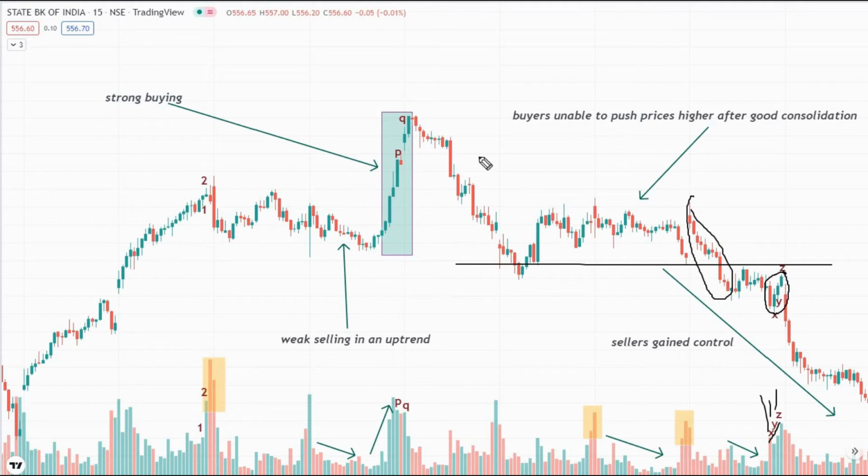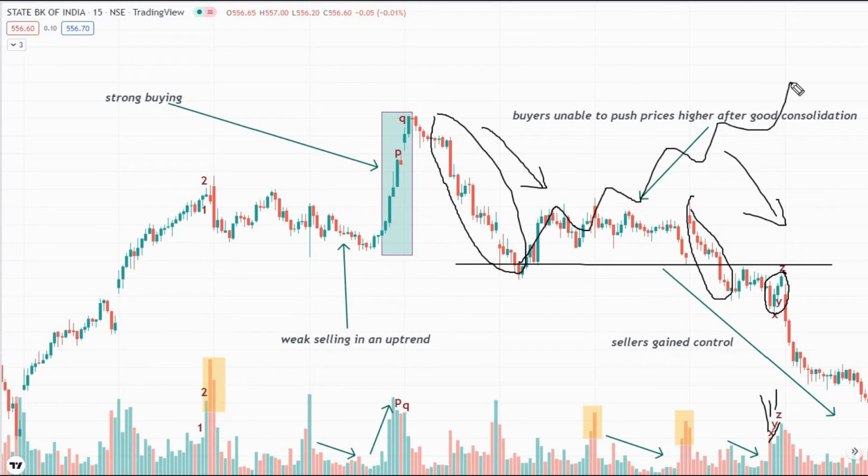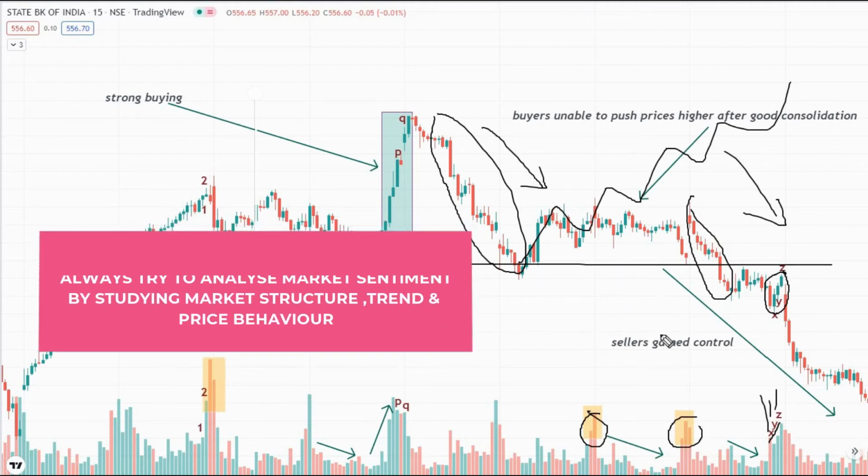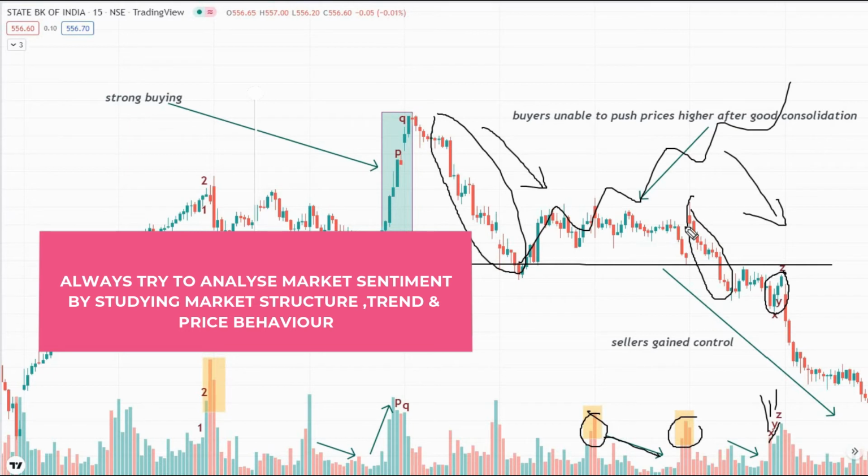Remember, we now are in a very strong downtrend. Why? Because after the strong selling pressure, buyers couldn't continue the upward momentum, and we see that sellers have gained control over the prices and buyers have lost momentum. The buying legs are smaller and there is no volume on the buying side.